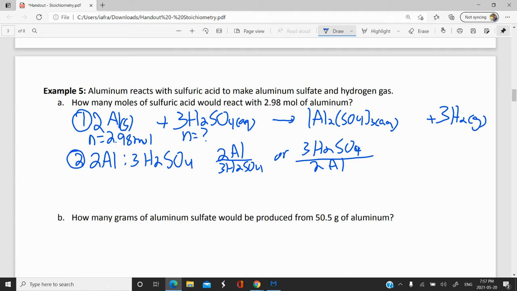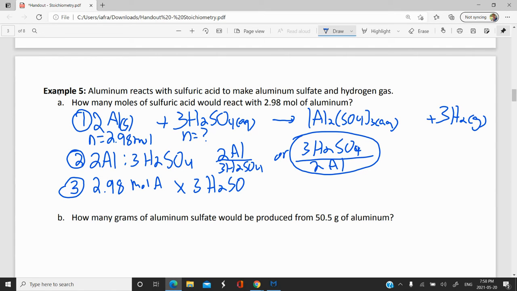That's the ratio we see there, and it's the simplest ratio. So now we can do our conversion factor. So we have our known moles, which is 2.98 moles of Al, multiplied by one of these conversion factors that gets rid of Al and keeps what we're looking for, the H2SO4. So that one there. So we're going to do 3 moles of H2SO4. I should say moles because we're dealing with moles right now.